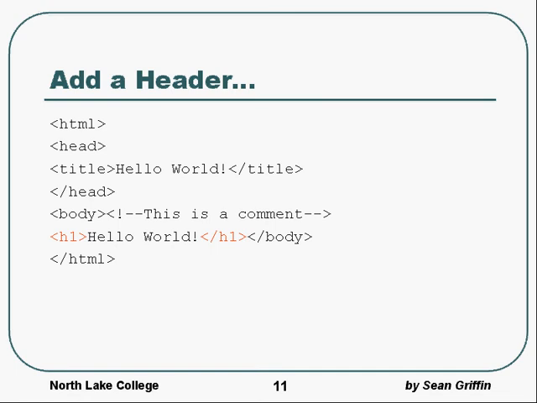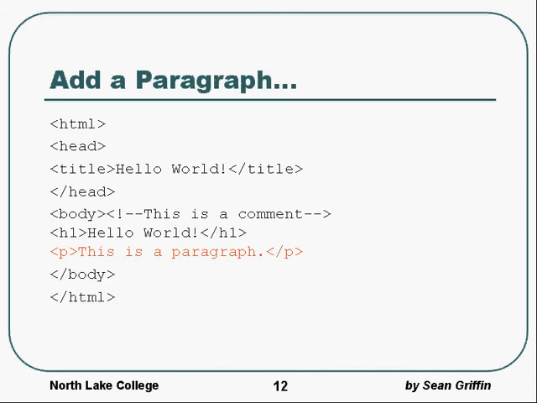So in this example, we're adding our header tag. And our header, our H1, a very large header by the way, just says hello world. Next we add a paragraph. So underneath the H1 tags, look at how they are. They open and then they close. And then there's the next thing, and it's your paragraph.